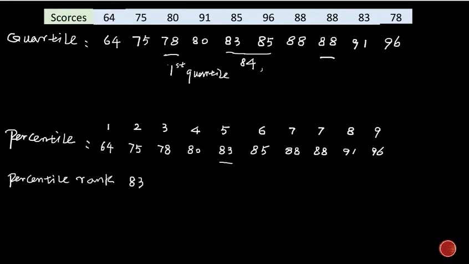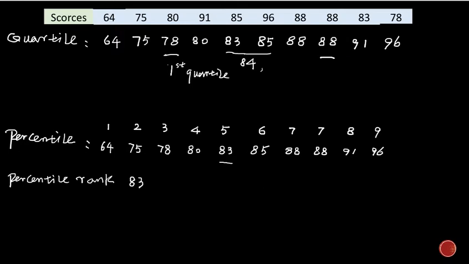Usually we need to arrange the data set in ascending order, and we need to put an ordinal number to figure out the rank of each data or the position of each data.